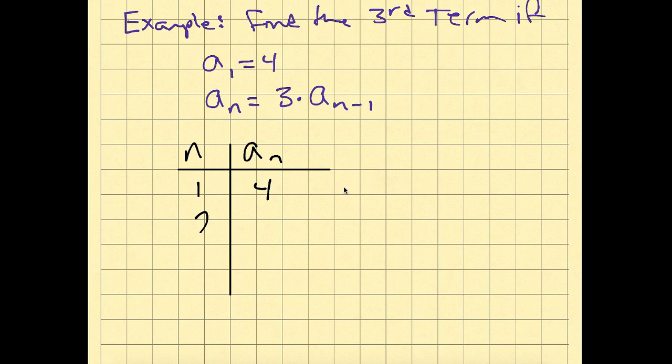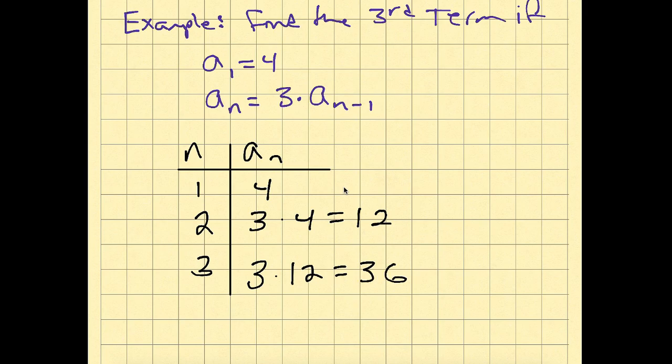When n equals 2, we would have 3 times 4, or 12. When n equals 3, we'd have 3 times 12, or 36. And we could keep on going.